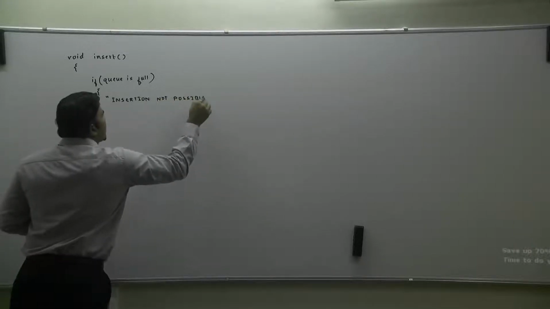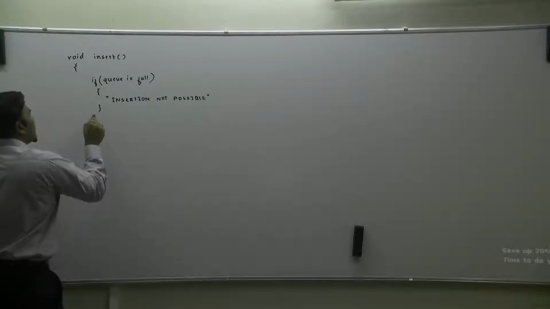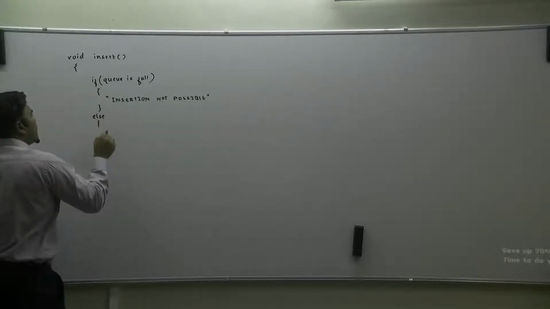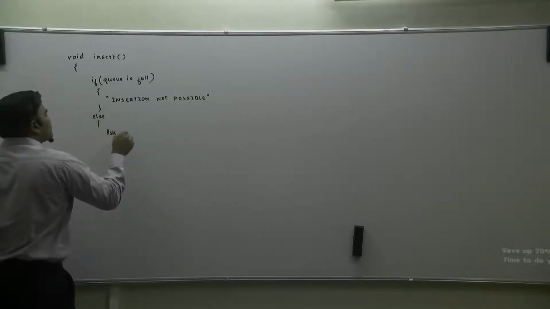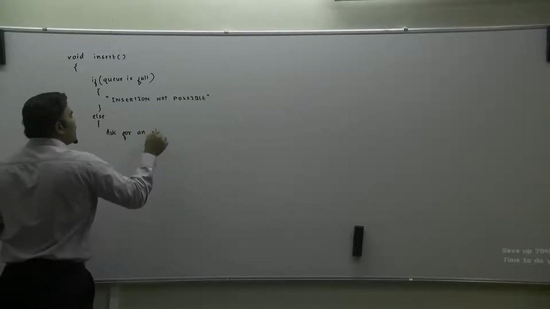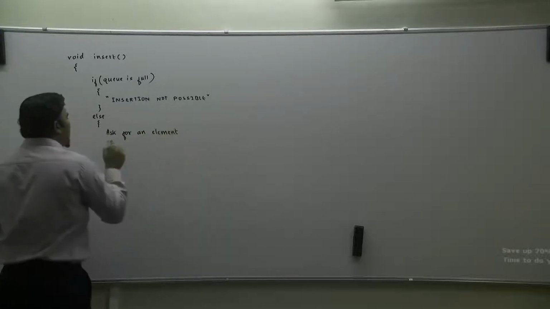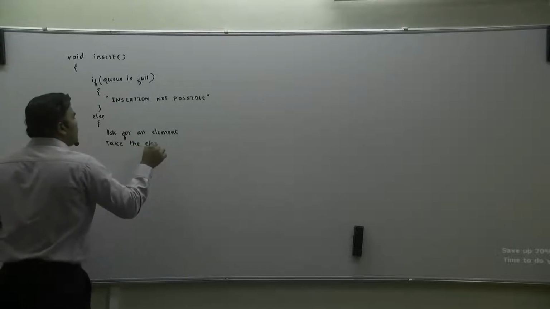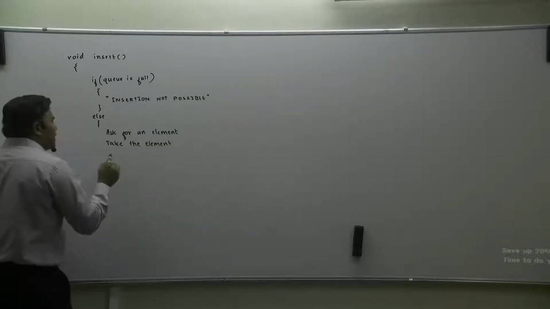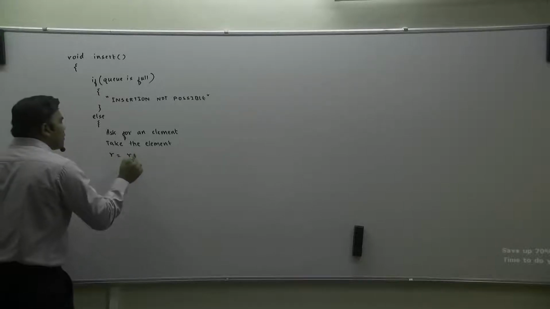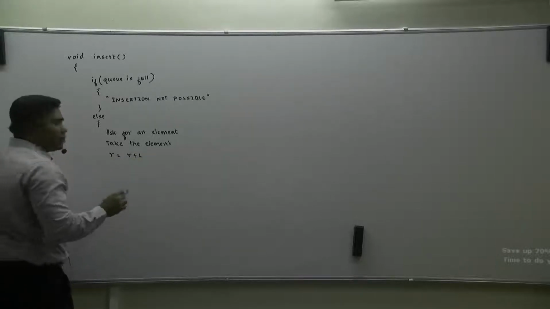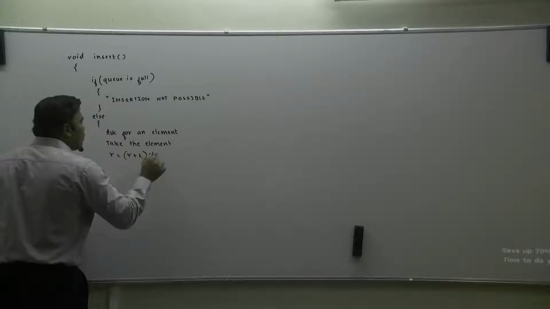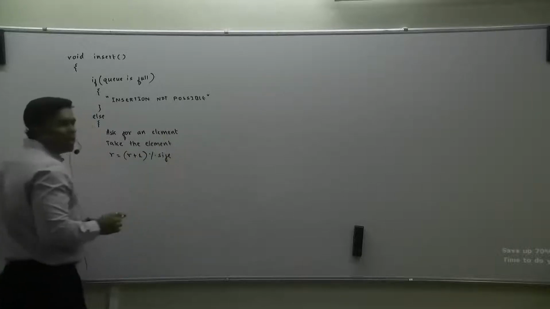Otherwise it is possible, in which case I will ask for an element. Not only will I ask for an element, I will scan and take the element. After taking the element, previously I used to tell rear equal to rear plus 1. But this time I should tell modulo size. I have told you why.